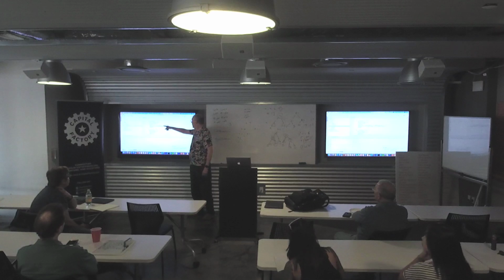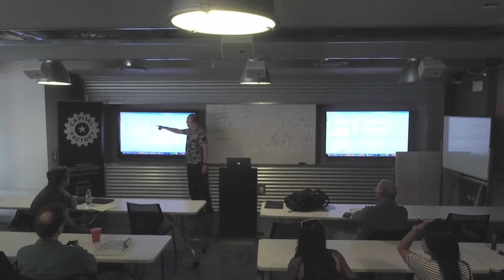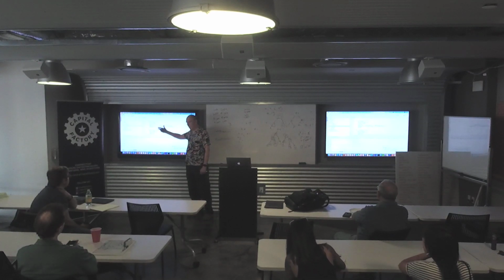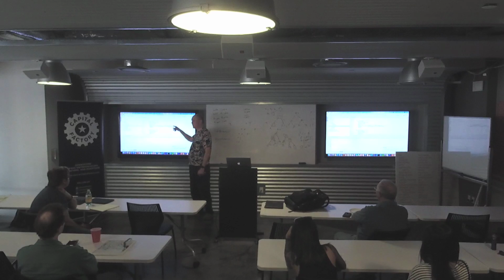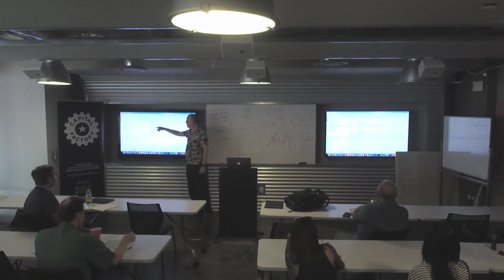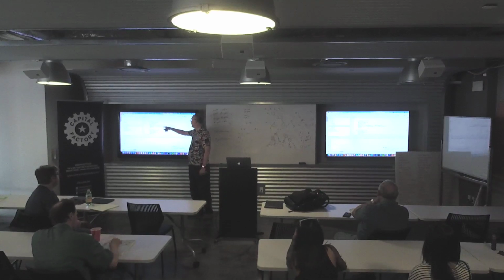I do it here by just saying the height of the original root now is the max of the left and right height plus 1. And the height of the new root is just the height of the left and right plus 1.